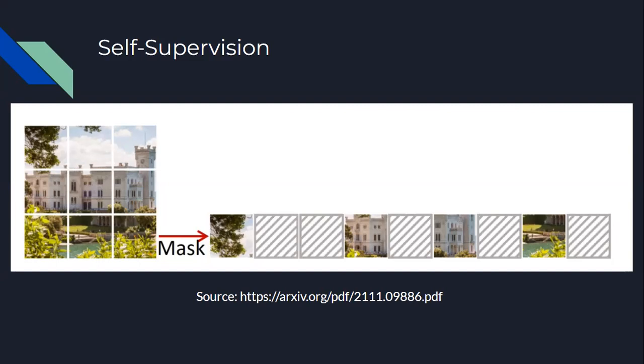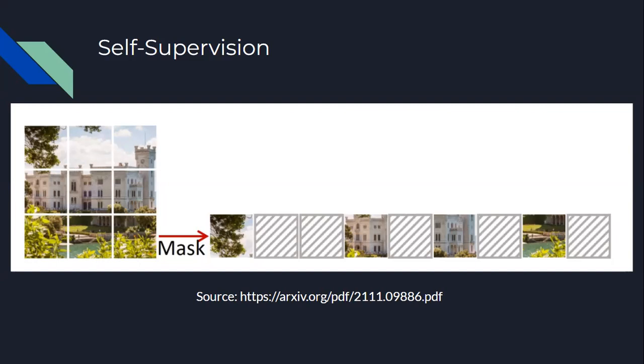In the case of this paper on the vision transformer, the way that they do it is very similar to the way that they do it in BERT, where in BERT they substitute words for mask tokens 15% of the time.